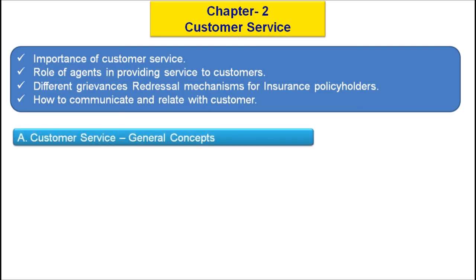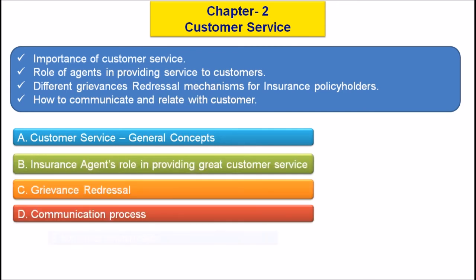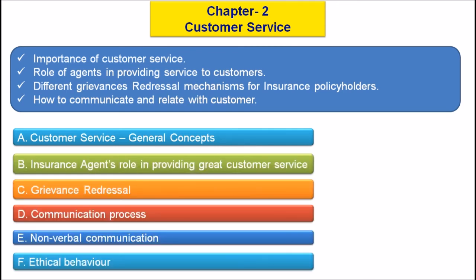These are the key features of this chapter, and it is taught in 6 sections: customer service general concepts, insurance agents' role in providing great customer service, grievance redressal, communication process, non-verbal communication, and ethical behavior. This is how you will learn in chapter 2. Here ends the chapter Introduction to Insurance. In the next chapter, chapter 2, we will meet again.